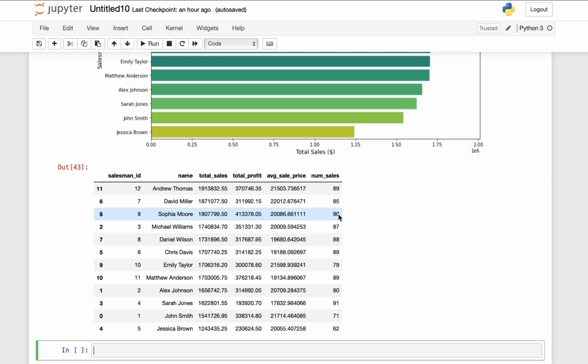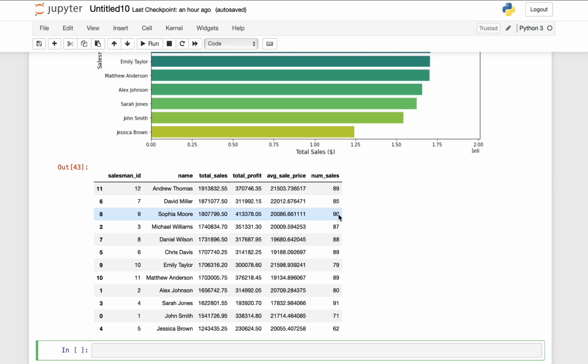Now let's talk about some observations. Let's compare efficiency versus volume. Some salespeople excel in high value transactions like David Miller, while others achieve their success through volume like Sophia Moore. Someone like Andrew Thomas leads in total sales, but is slightly behind Sophia Moore in total profit.